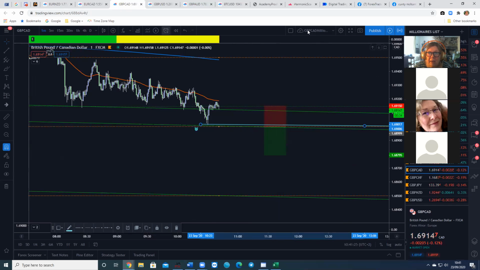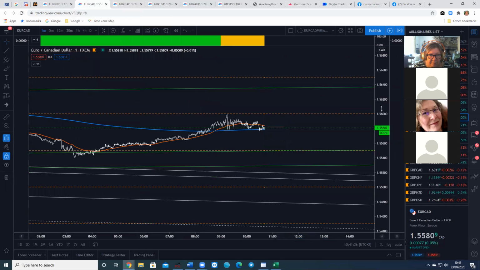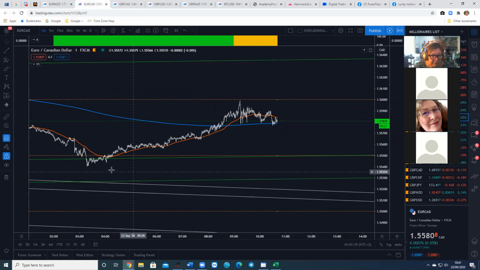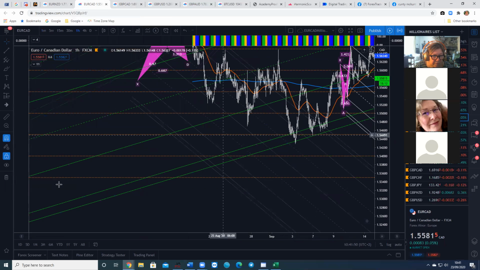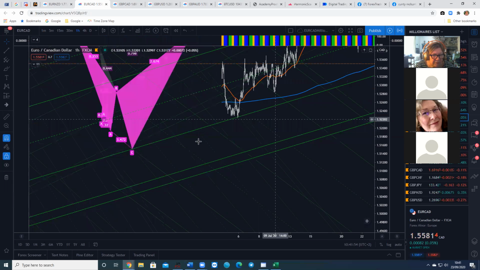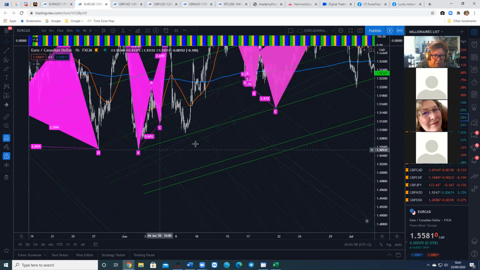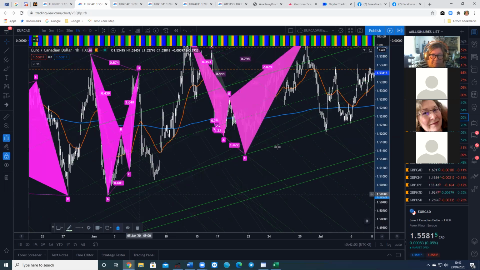Right, so that's GCAD. Wait for that alert. EuroCAD. So EuroCAD, I've got it in this bigger scan up here, which dates back, that's the second pitchfork from June.